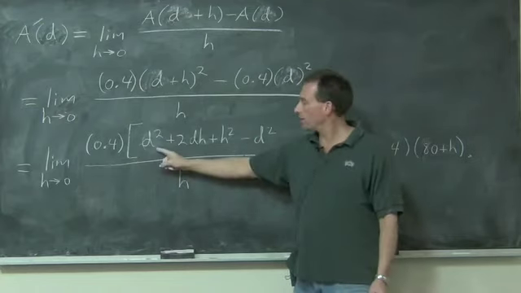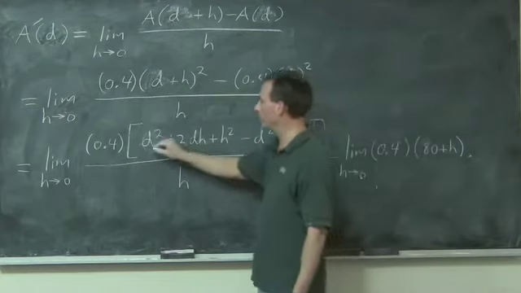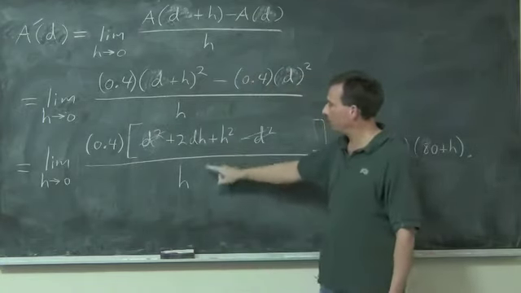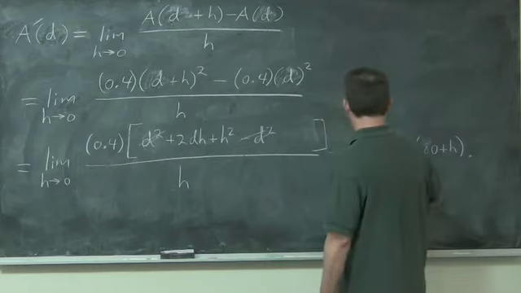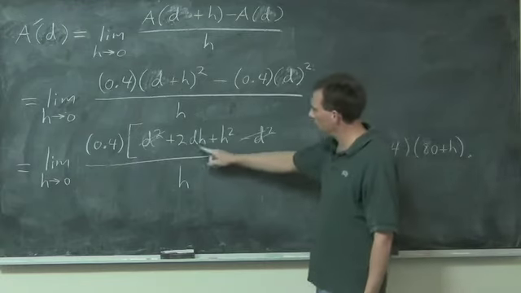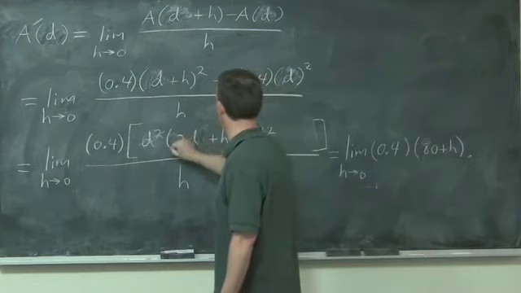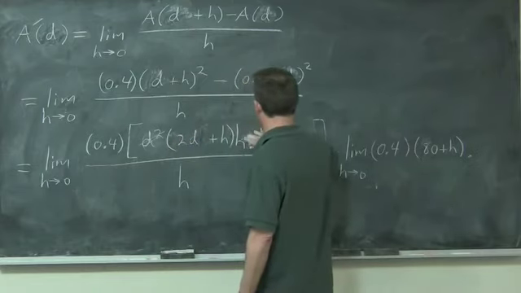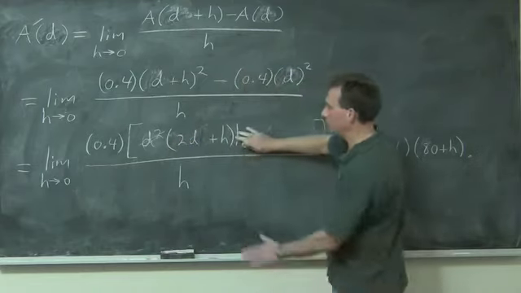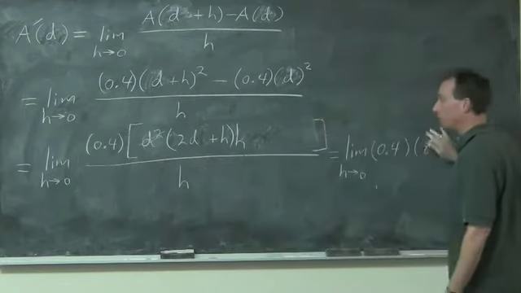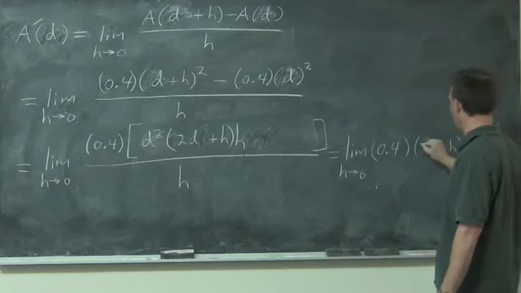This d squared always cancels with this minus d squared. You'd factor out an h and cancel it with that. So let me actually factor out the h. This h cancels with that one, and you're getting 0.4 times 2d plus h.